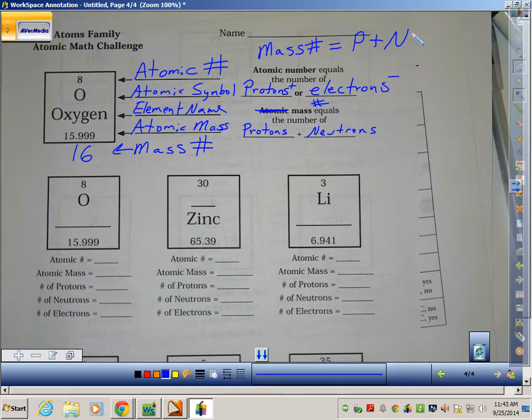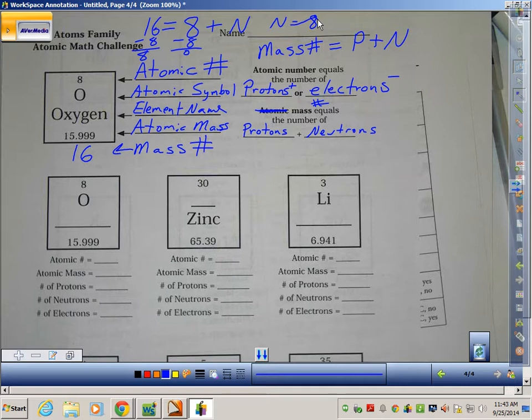What are you missing? Do we have the mass number? Yes. So 16 equals, do we have the number of protons? Yes, we know it's 8, right? What we're missing is what? Neutrons. If I subtract 8 from both sides, I have that, don't I? So n equals 8 in this case.